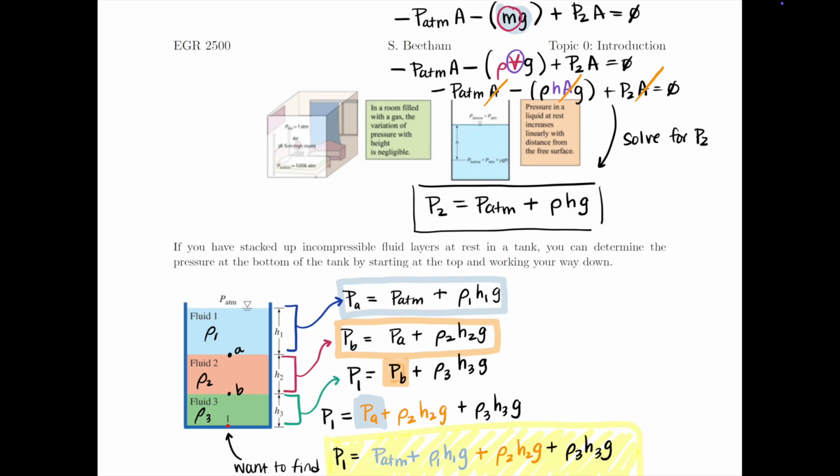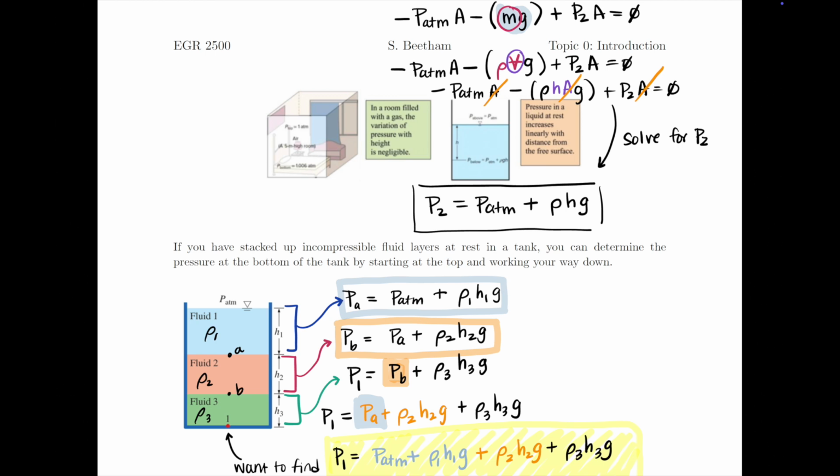Right? Okay, so now we kind of have to combine all of these things together, essentially just by substituting. All right, so what I'm going to do first is, I want to find P1 in the end, right? So I will take this equation for P1 and I'll notice that I have PB here and I'm going to substitute in this expression.